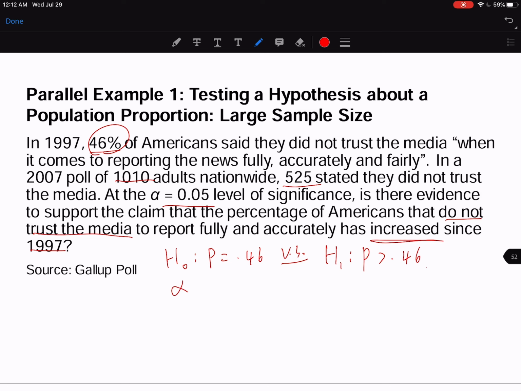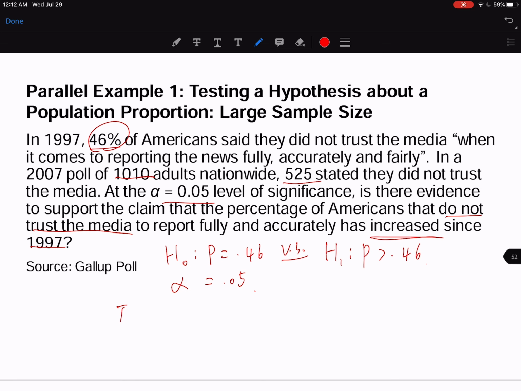Step 2, what's the value of alpha? That would be 0.05, right? And then we want to calculate the test statistic, z sub 0. We want to calculate p hat first.